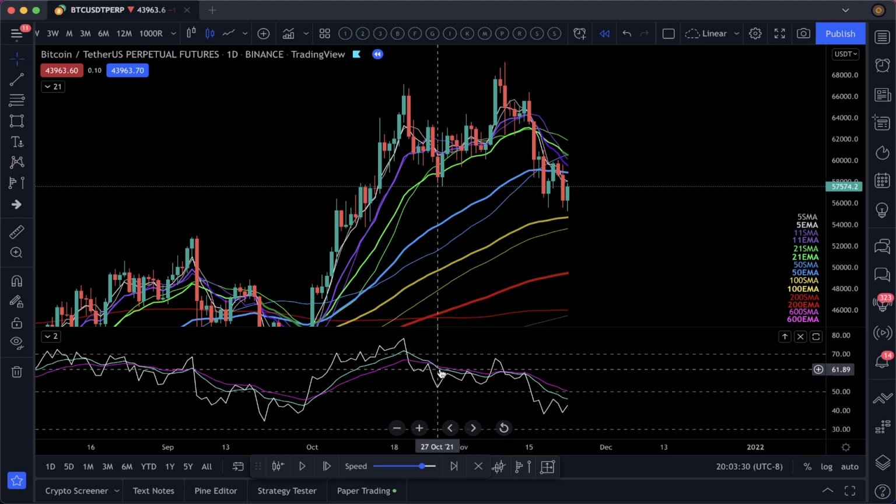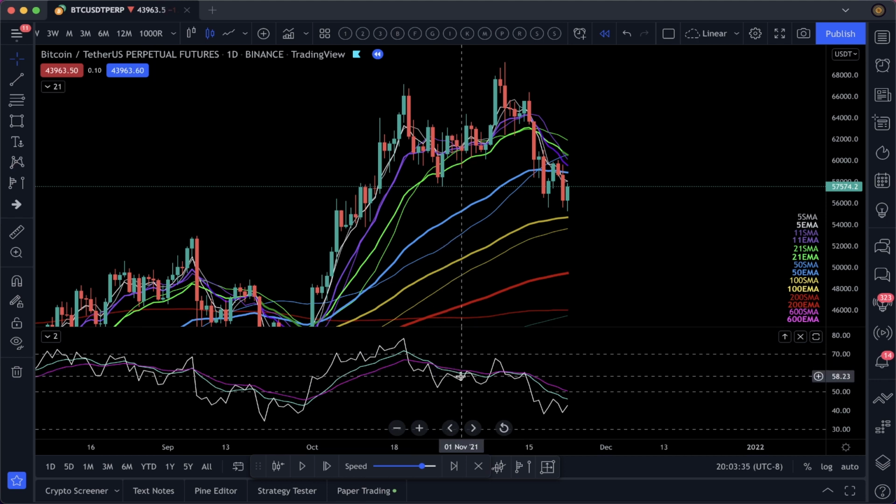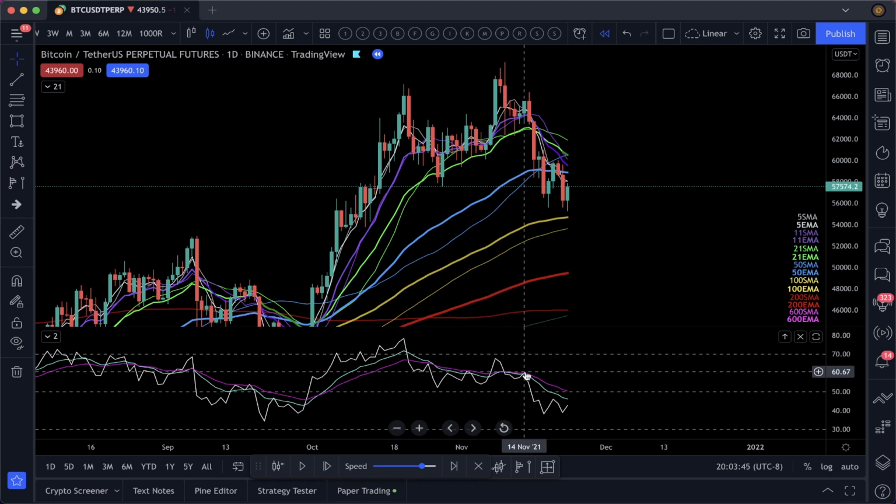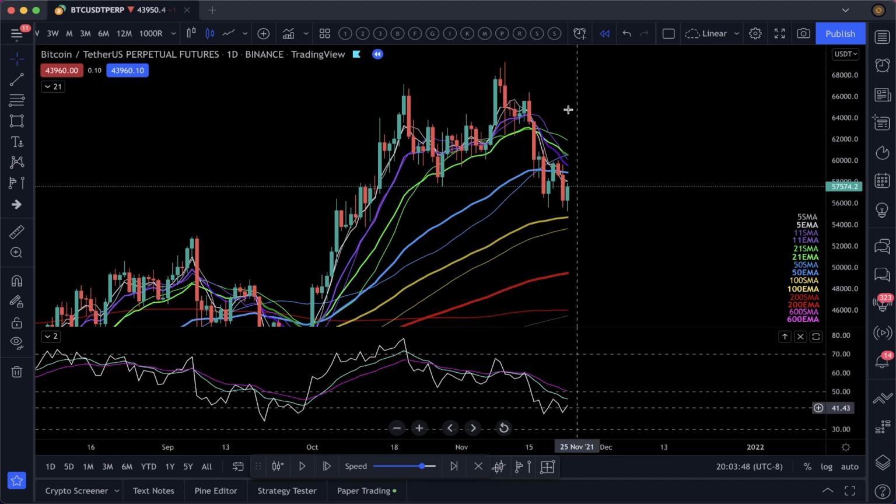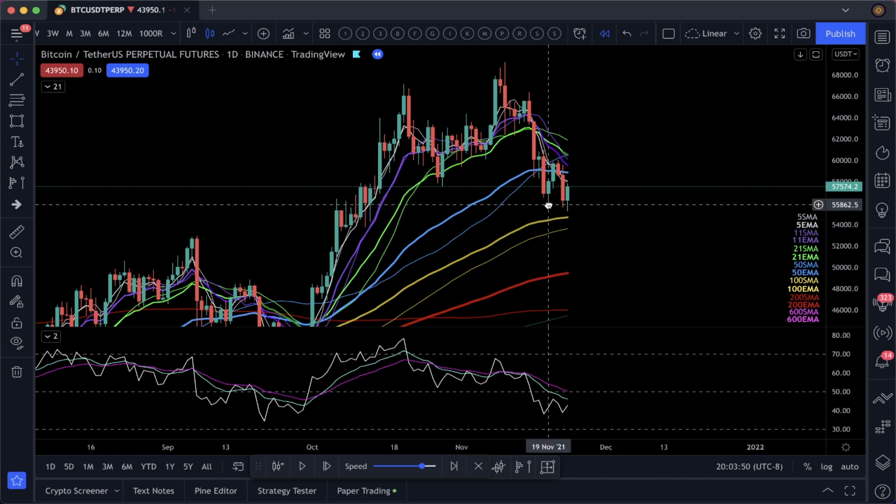And then once your green crosses back down below your pink, on the daily especially, not great. So here, with this pump, it tried to cross these EMAs back above, it couldn't. Tried one more time, it couldn't. Failed. Bam, bam. This is why we fell so much, guys. Fell to the next level.